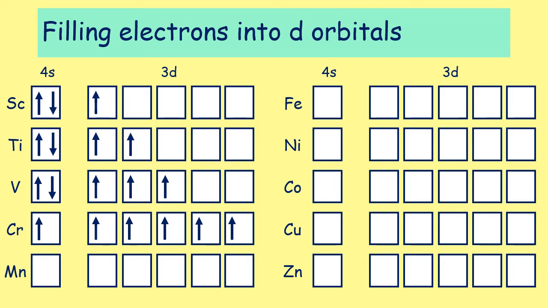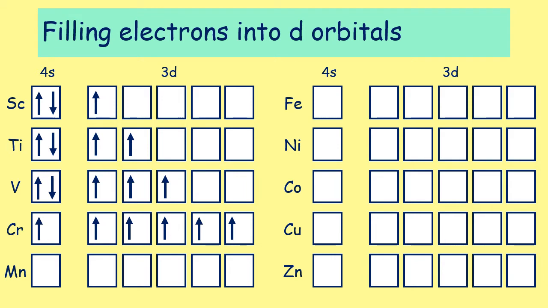And having the 5 3d orbitals all filled individually is energetically more favorable than having a completely filled 4s orbital and 4 electrons in the 3d orbitals. So because there's that very close energy difference, rather than complete the 4s orbital, what happens with chromium is that we end up with 1 electron in the 4s orbital and then 5 electrons in the 3d orbitals.